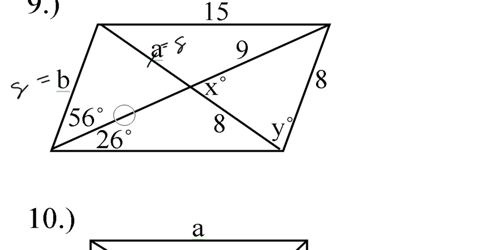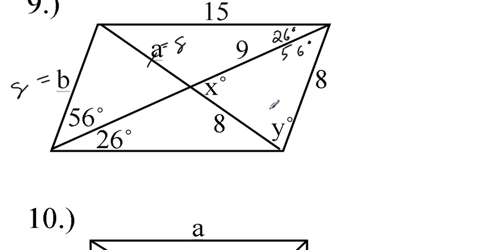Just erase some of the stuff we have here. We know that for number 9, we're told we have a 26-degree angle here and a 56-degree angle here. Well, this 26 transfers up here also, and this 56 transfers right here also.